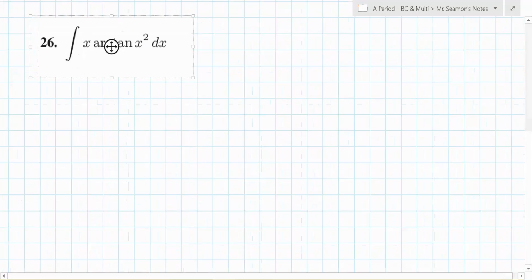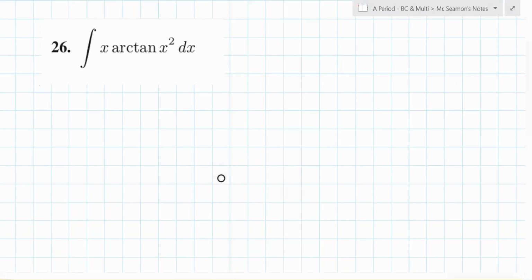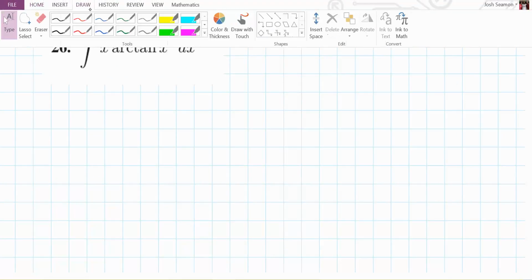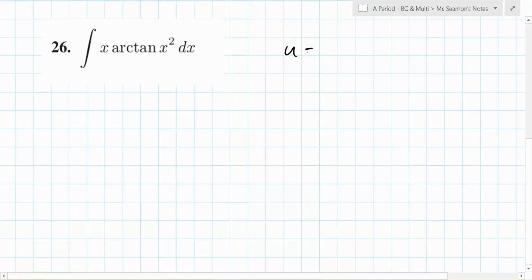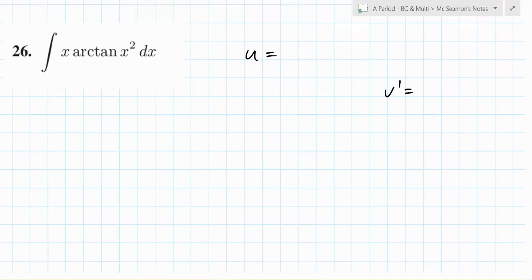So, anybody have a good thing we should try? So we need to pick a u, and we need to pick a v prime. How about we do u is equal to tan inverse of x squared? So what's u prime going to be?